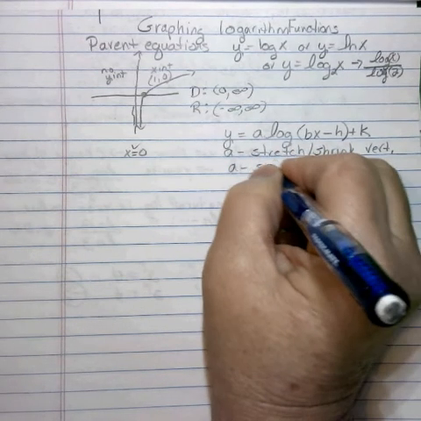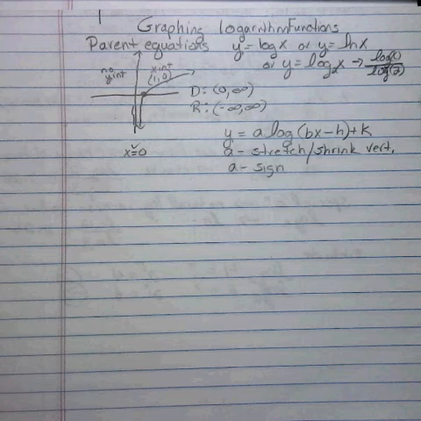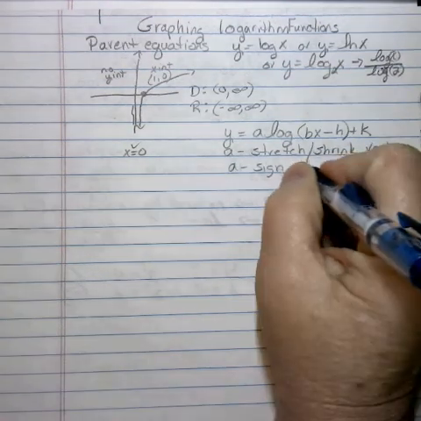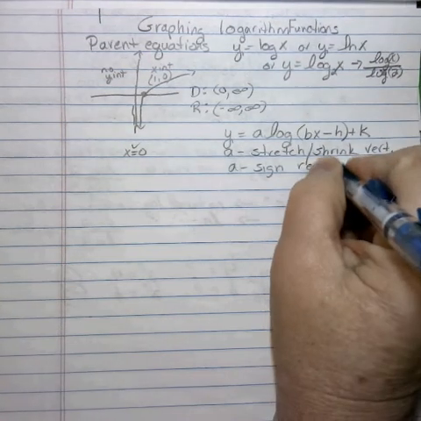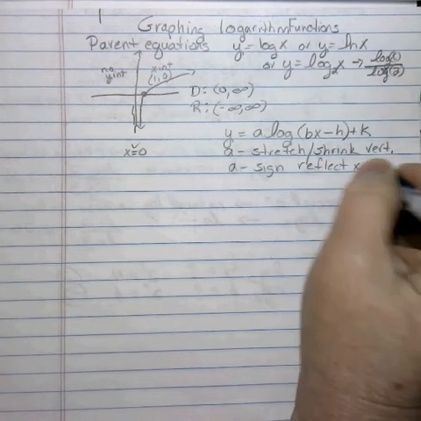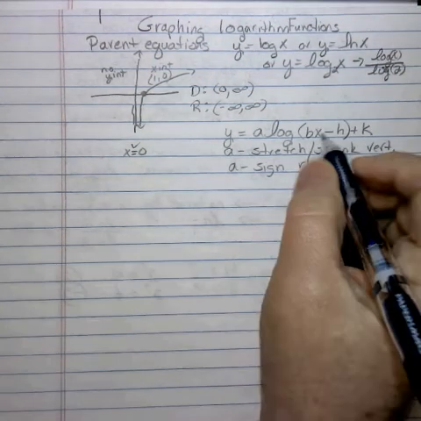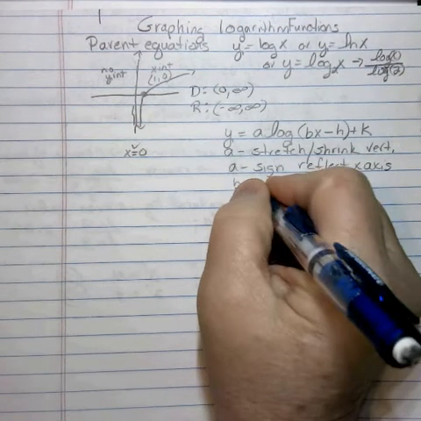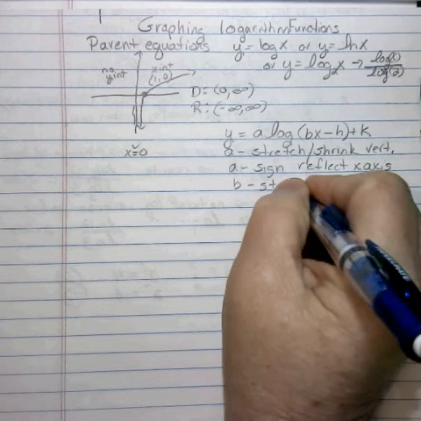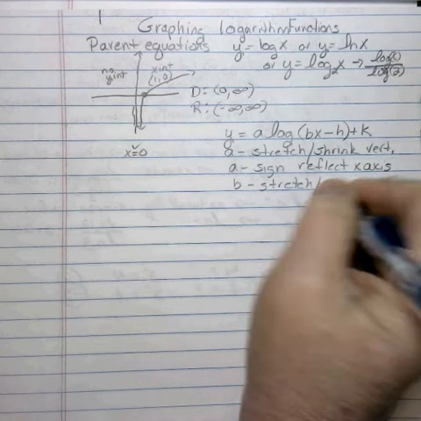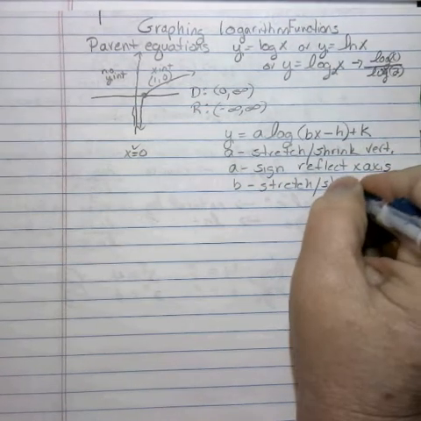Also, the sign of a is going to reflect us over the x-axis. Then we have the b value inside, and that is going to give us a stretch or a shrink horizontally.